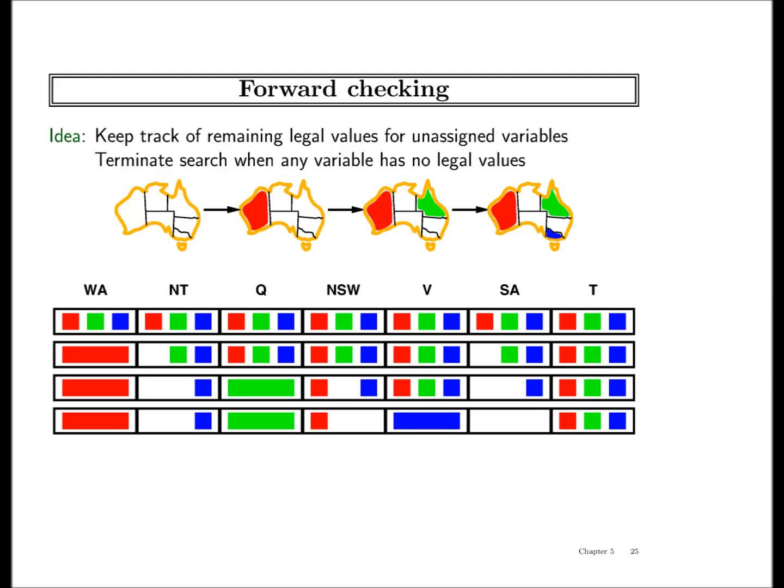I assigned a new variable a specific color, a specific value. What is the maximum number of remaining variables? n minus 1, n minus k, whatever. Order n. What is the maximum number of constraints in which this particular variable participates?